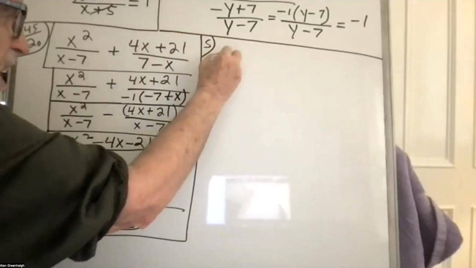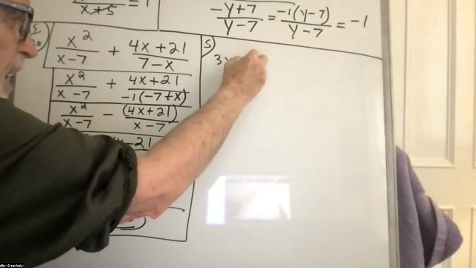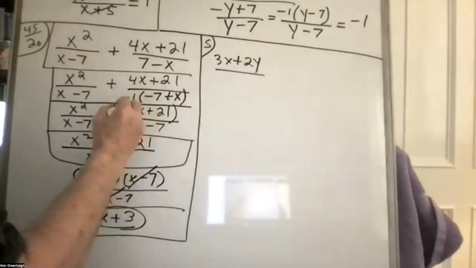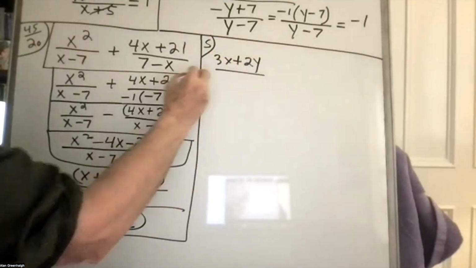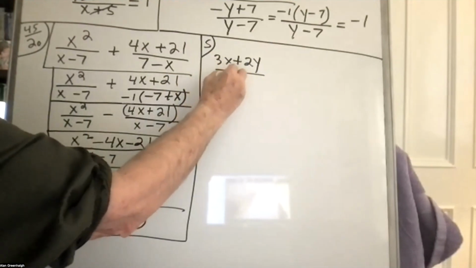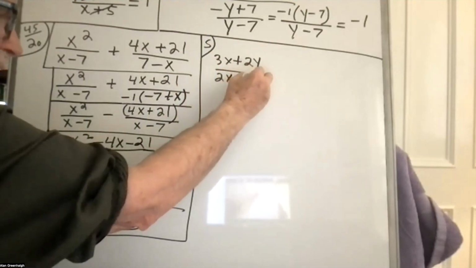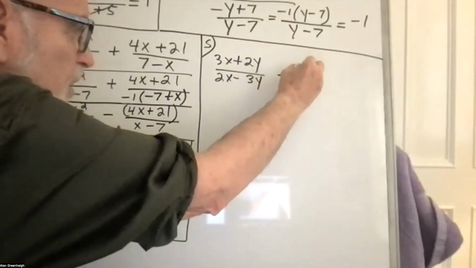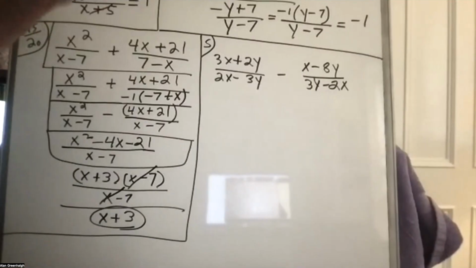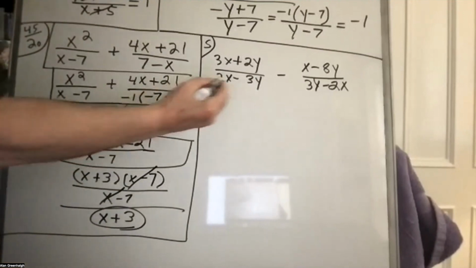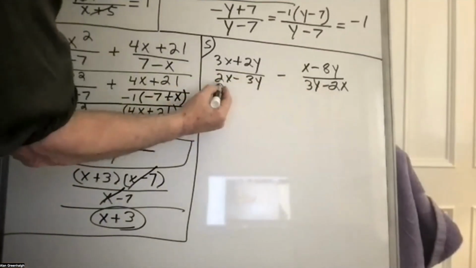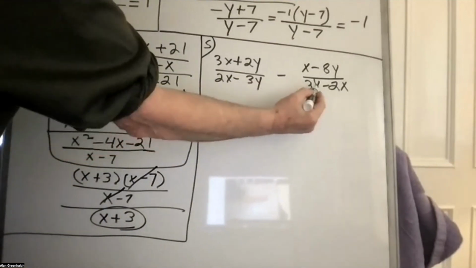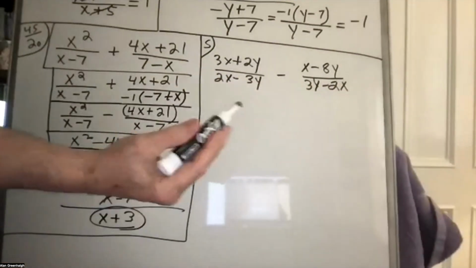So this is 3x plus 2y over 2x minus 3y. This is a nice challenging problem. I mean, they all are, but I think you could see what's going on here. 2x minus 3y, 3y minus 2x.